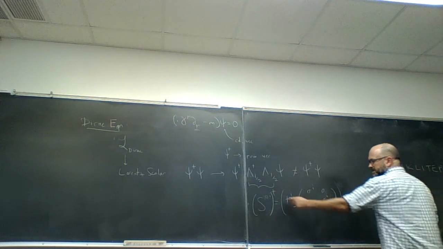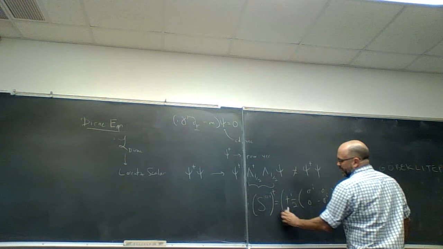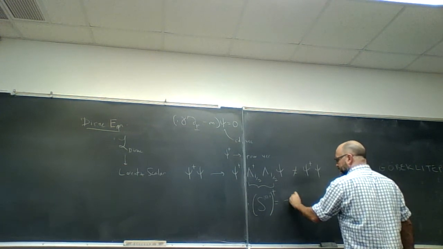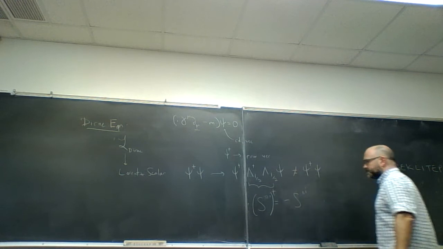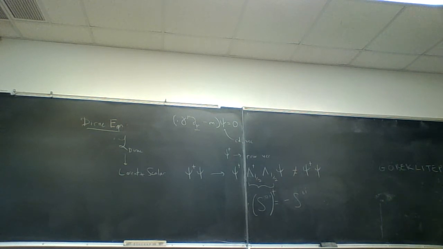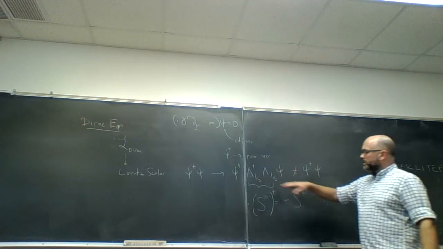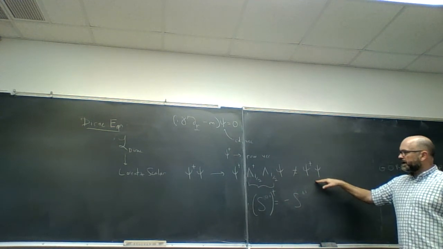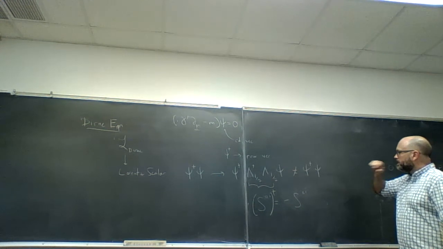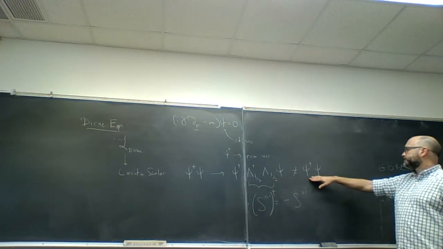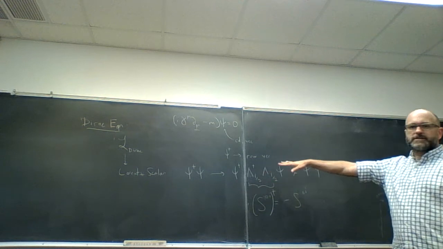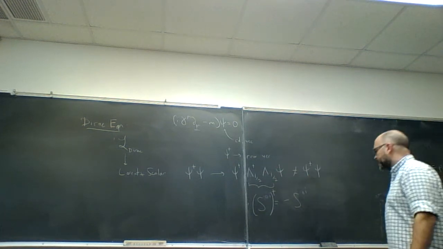So we see that S0i dagger is equal to minus S0i. So it's obviously not Hermitian, and that implies these are going to cancel each other out. They're not unitary. That's the word I was looking for. So we need to figure out a way to fix this. Psi dagger psi is not going to work.